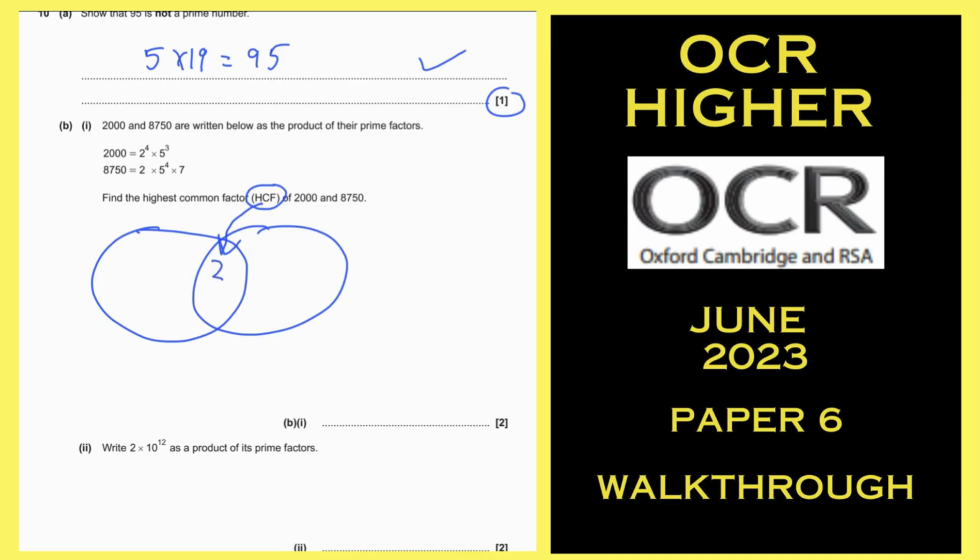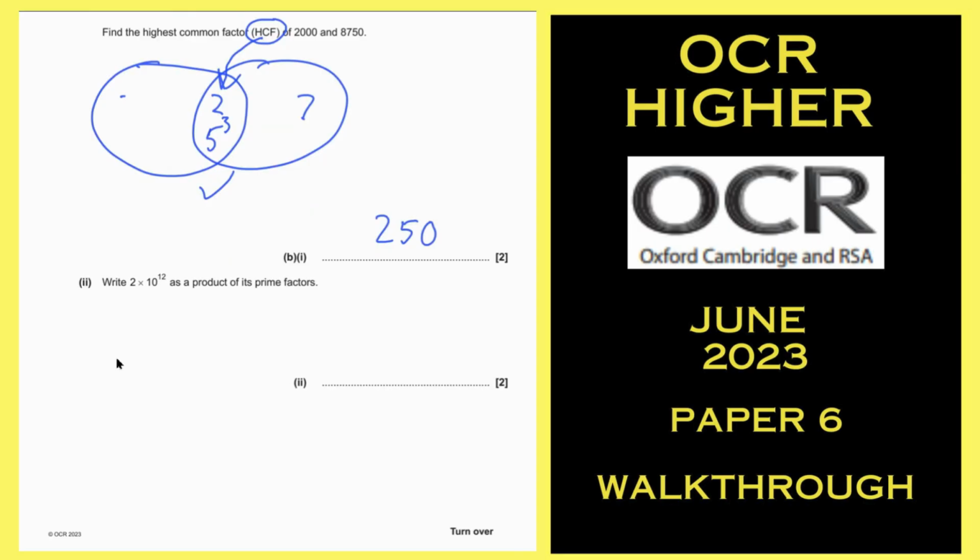They've only got 1, 2 in common. The 7's, nothing in common. That'd be over there and no there. And what they got in common in terms of the 5's, they've got 3 5's, 5 cubed in common. That's what you need to multiply for your HCF. Grab your calc if you need to. 2 times 125 is 250.